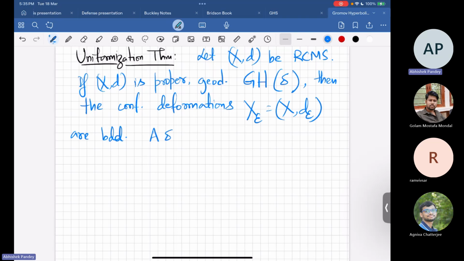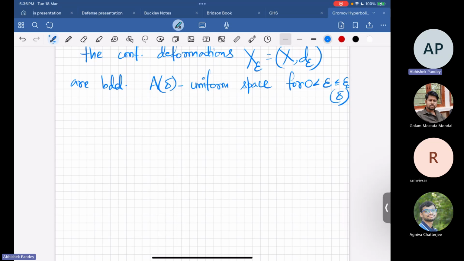They are A-delta uniform spaces, where A only depends upon delta. I haven't mentioned what a uniform space is, but I will. For epsilon greater than 0, there exists an epsilon naught which also only depends upon delta. So if you take any epsilon less than or equal to epsilon naught, this will be a uniform space.